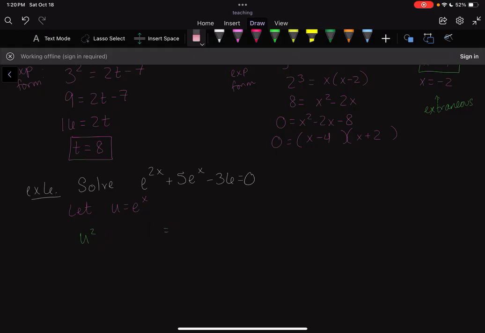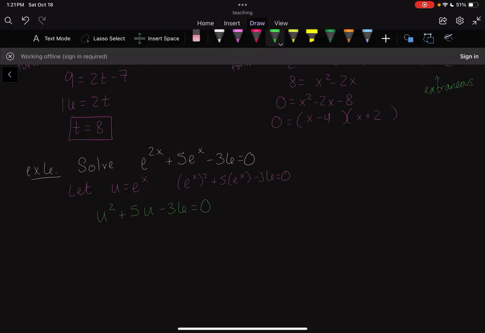This is the same thing as seeing e to the x squared plus 5 times e to the x minus 36 equals 0. So I'm just replacing the e to the x with u. I thought maybe just me writing it as u squared might look a little weird, so I wanted to rewrite it.